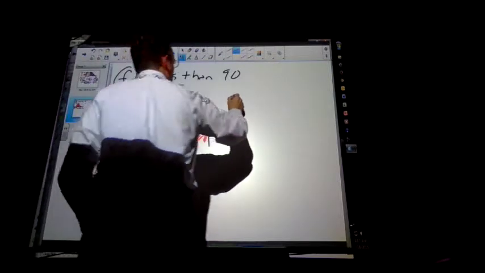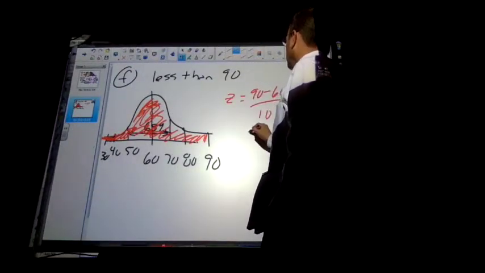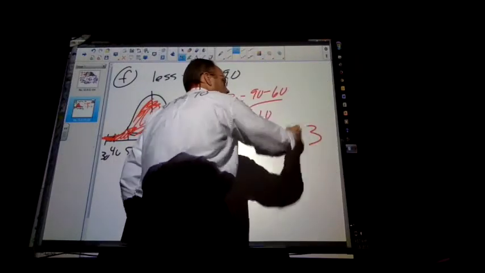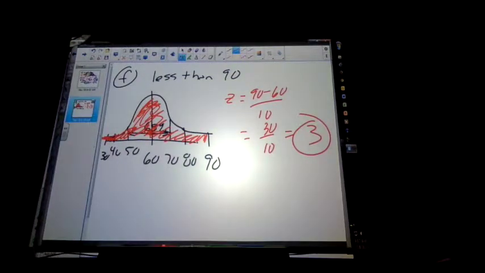So let's find the Z-score. What's the 3 mean? How many standard deviations above the average are we? 3. Does a Z-score of 3.00 exist on our table A?